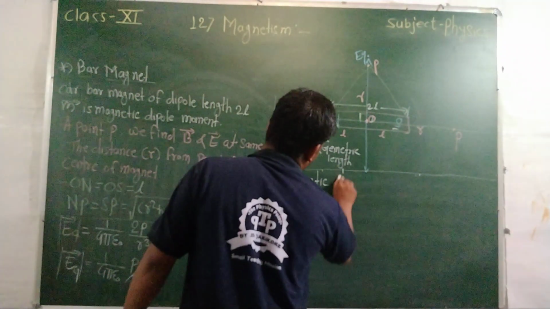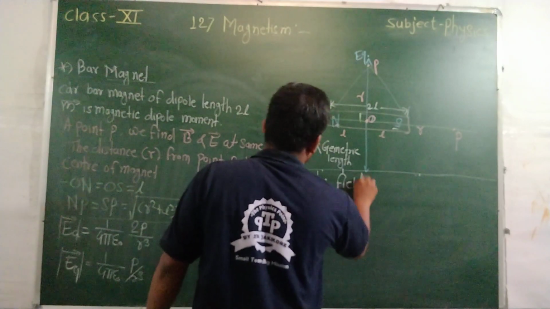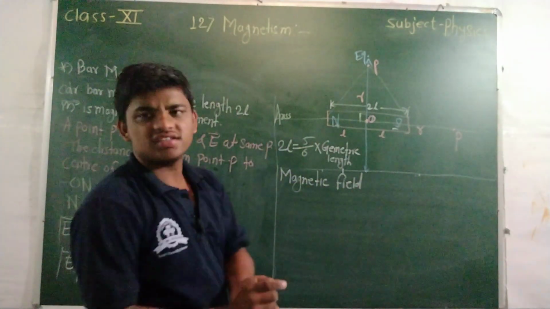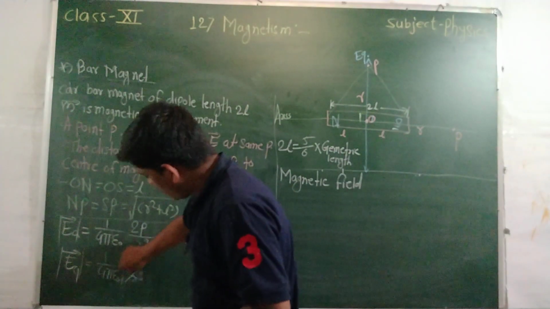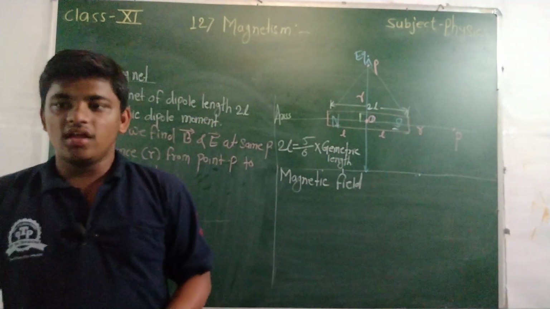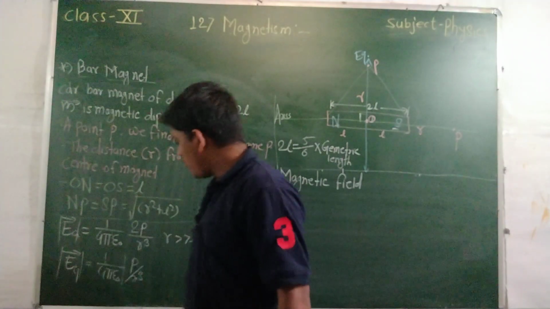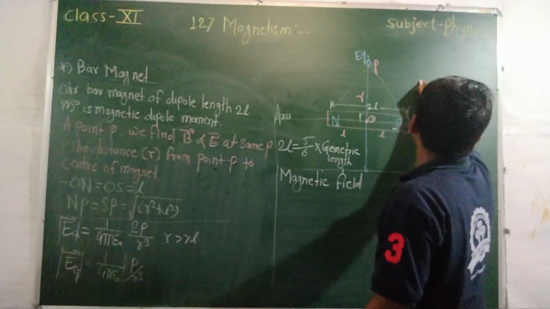For the magnetic field, the same conditions are applied, but we just change the constant. 1 upon epsilon 0 is replaced by mu 0.